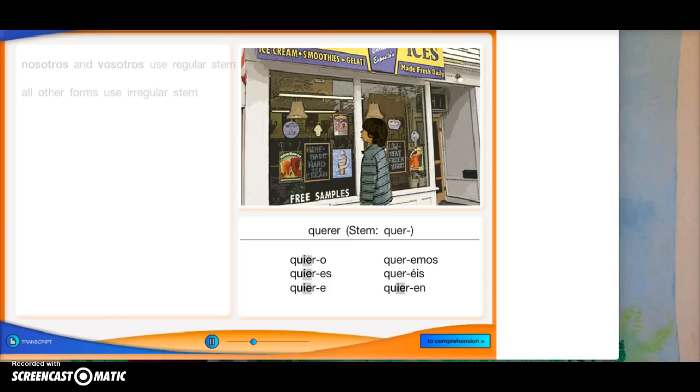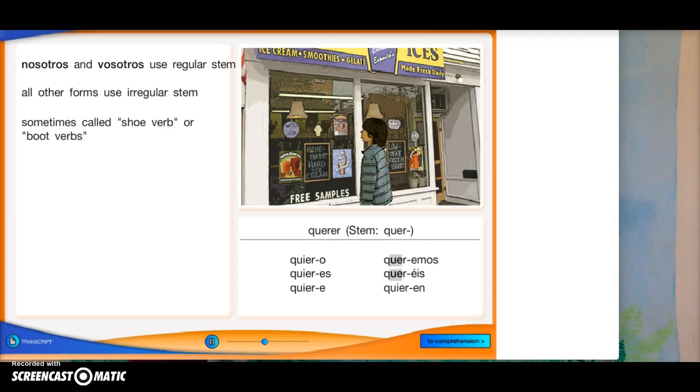The nosotros and vosotros forms use the regular stem, while the other forms use a slightly different stem. Stem-changing verbs are sometimes called shoe verbs or boot verbs because of the shape of the forms affected by the change.